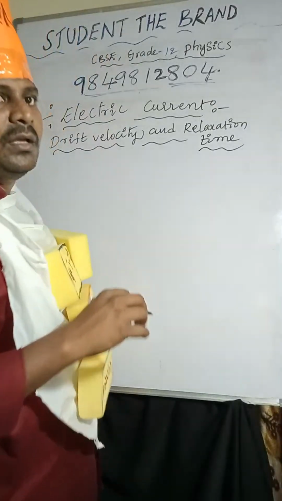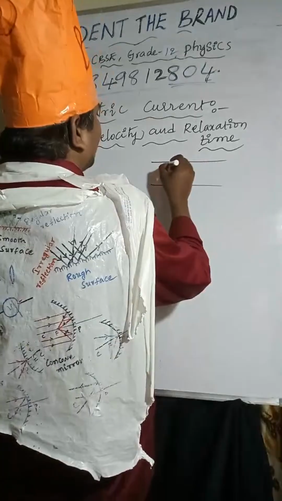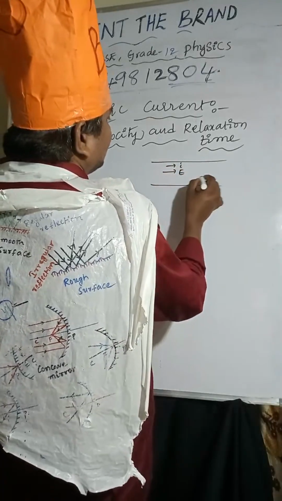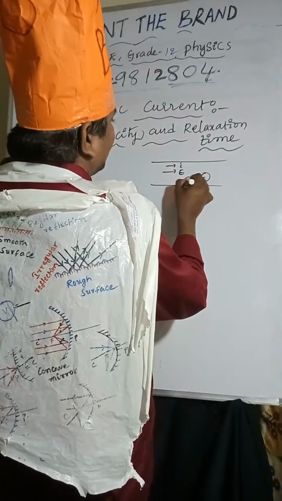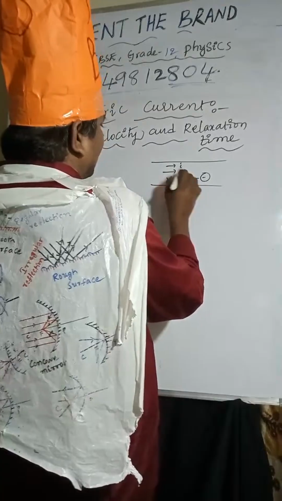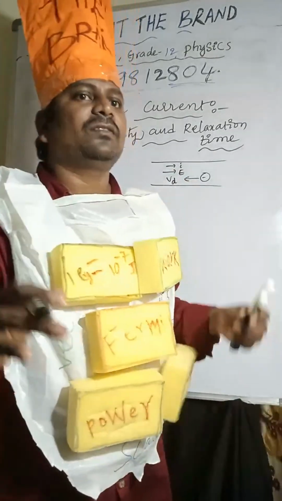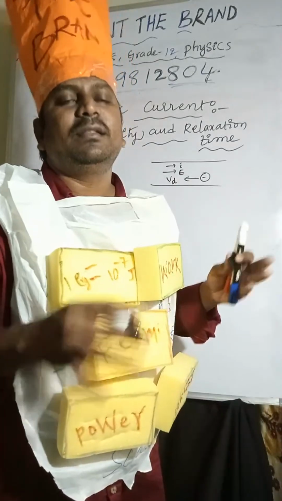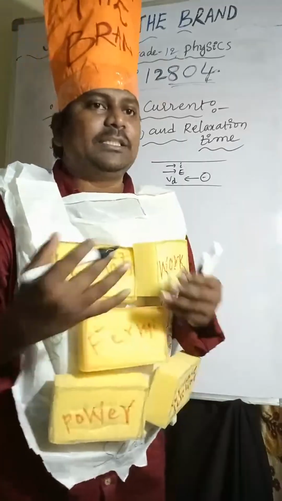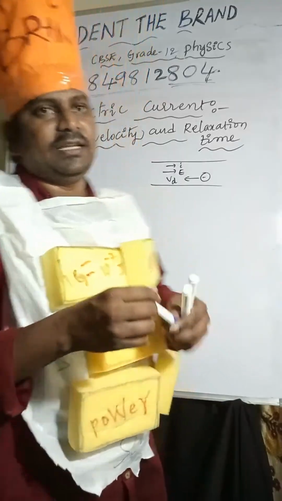Okay. So when the current is flowing, the electric field will be there. At the same time, electrons are moving opposite to the electric field. So that is about drift velocity. When electrons are moving in the electric field, they experience a force.